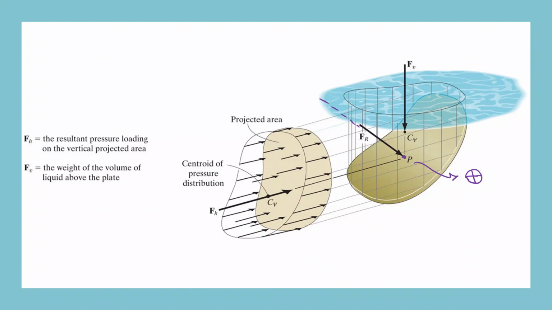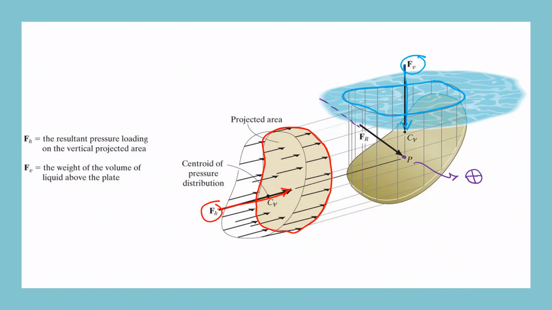To calculate horizontal force, you need to figure out the vertical projected plane. This is the vertical projected plane that I am going over, and calculate horizontal force. And then similarly, to calculate vertical force, this one over here, you need to find out the horizontal projected area and find out FV.